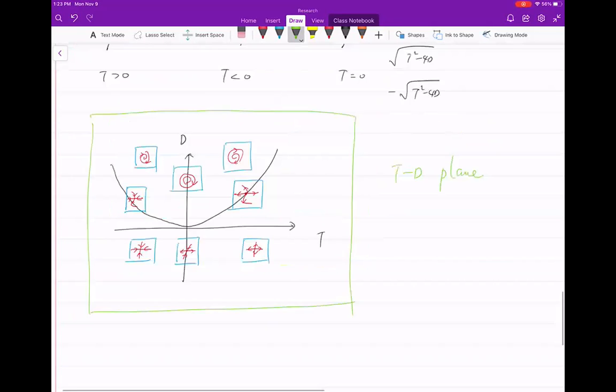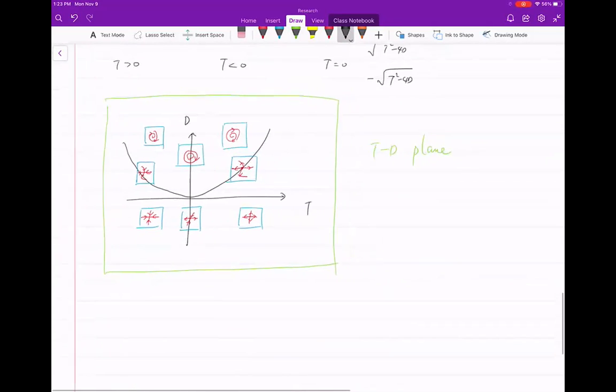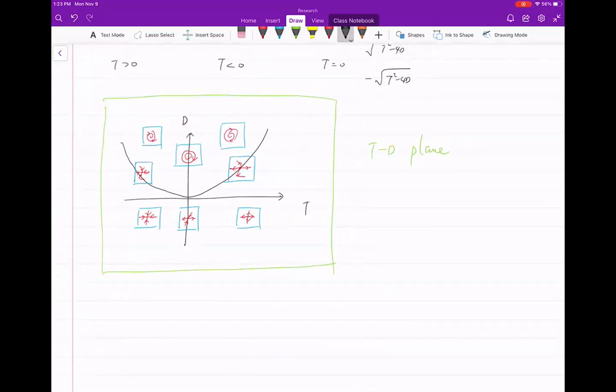Nothing new. We just summarized what we have in the new TD version. Again, keep in mind T equals A plus D, and D equals AD minus BC.